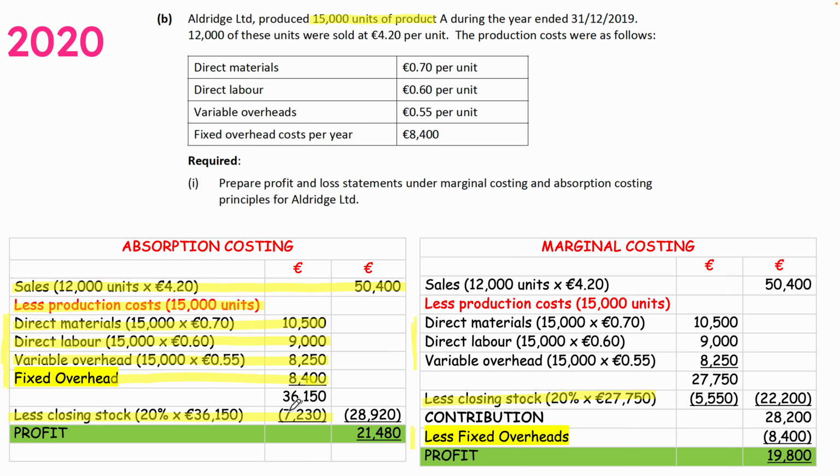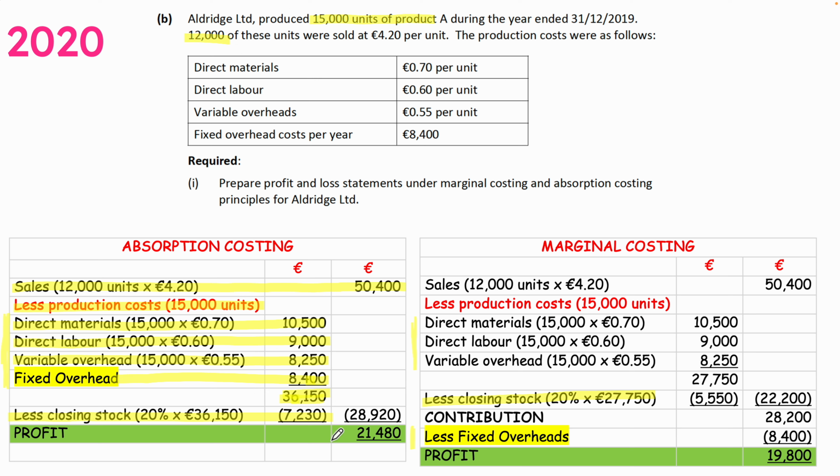So the total cost under absorption costing is 36,150. And then because we didn't sell 3,000, so we only sold 12,000, we had 3,000 of the 15,000 units left, so 20%. We're going to calculate the closing stock, 20% of all of the production costs.